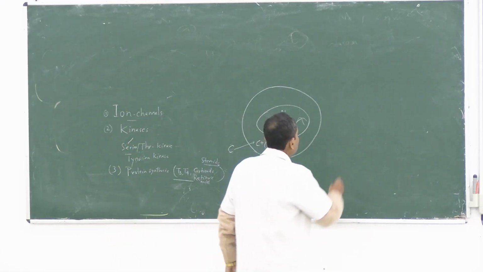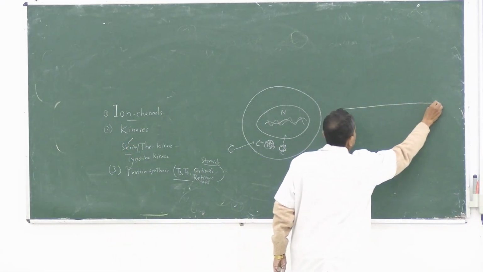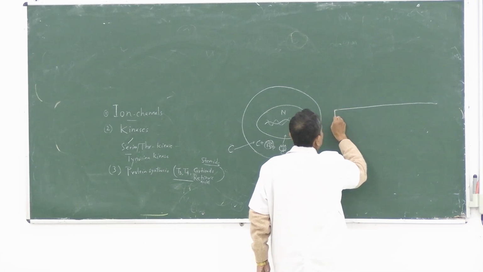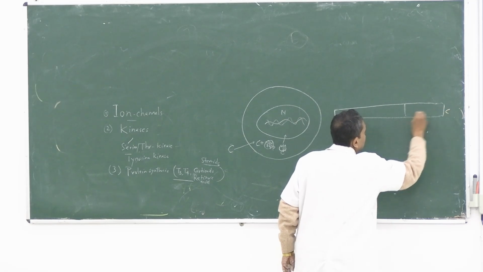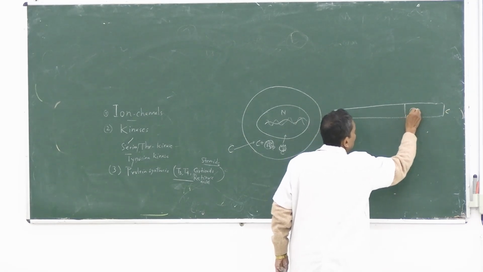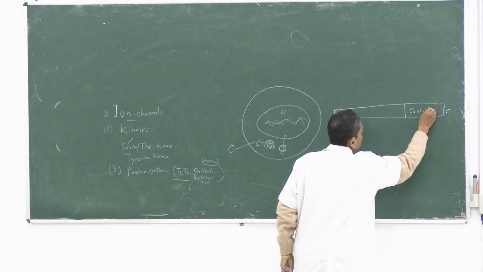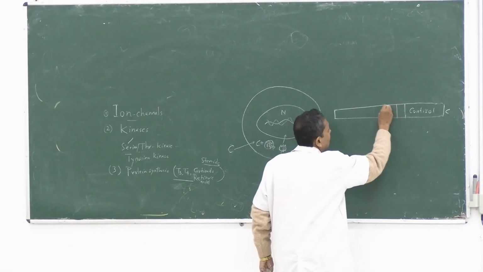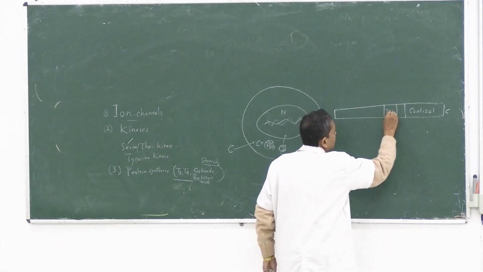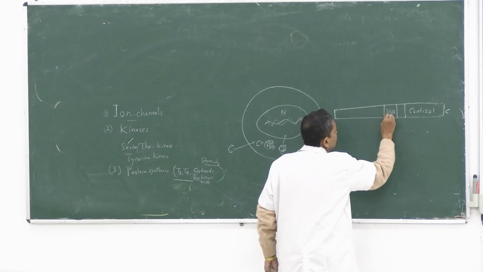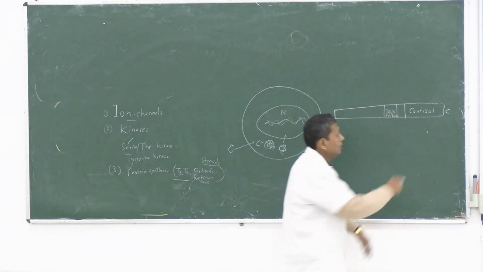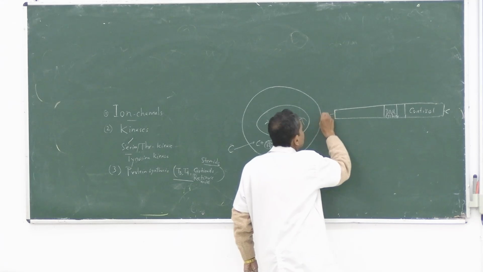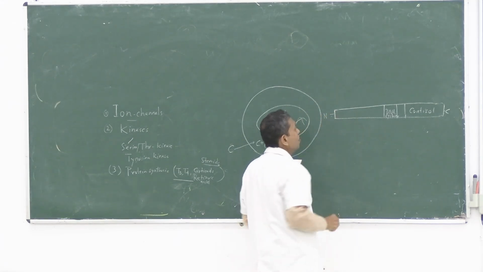Suppose in case of the cortisol receptor, at the C terminal, cortisol binds with it, and there is the DNA binding, cysteine rich region, DNA binding, and the ligand binding at the C part, and the amino-terminal part.